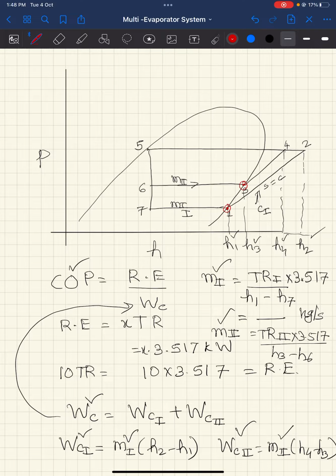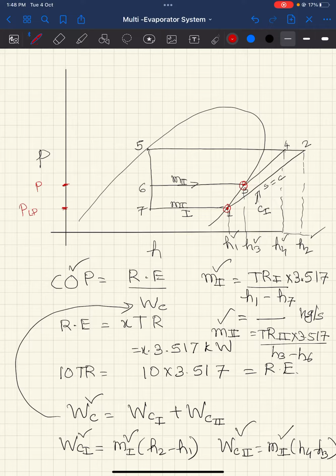State 1 is at the evaporator 1 pressure. This is the pressure corresponding to state 1, that is the pressure of the LP evaporator, and this is the pressure corresponding to evaporator 2.